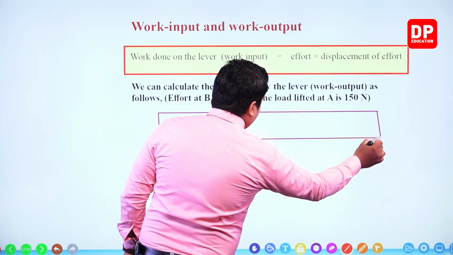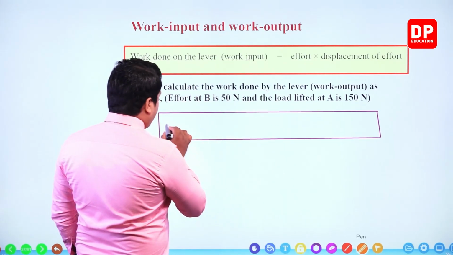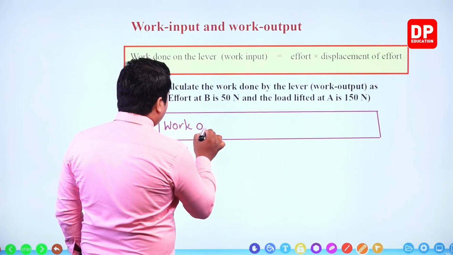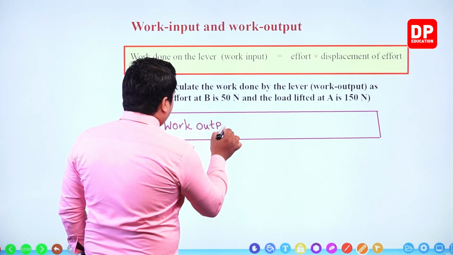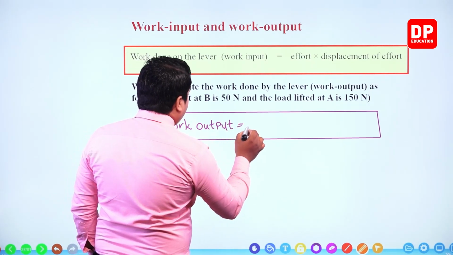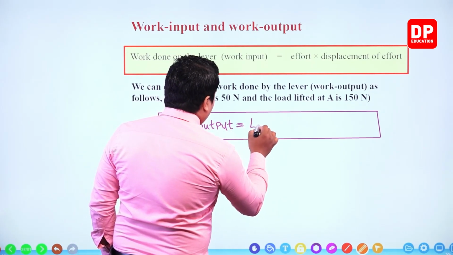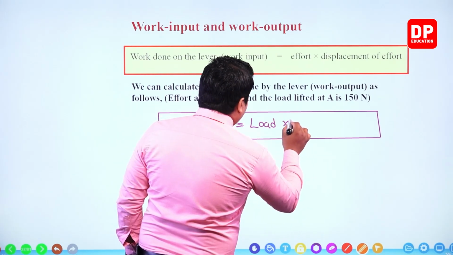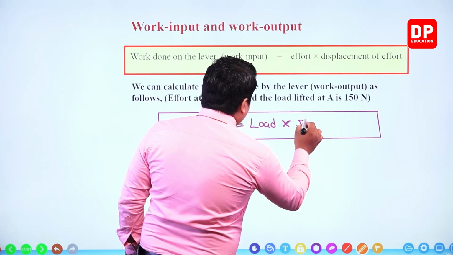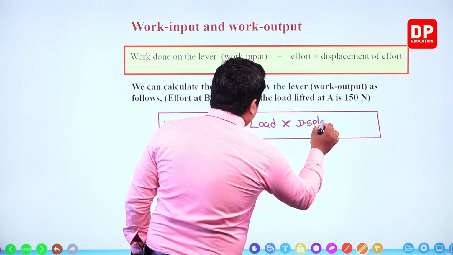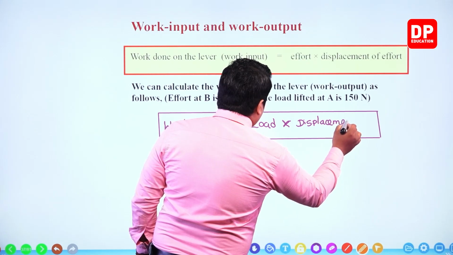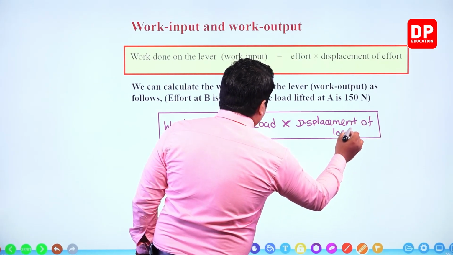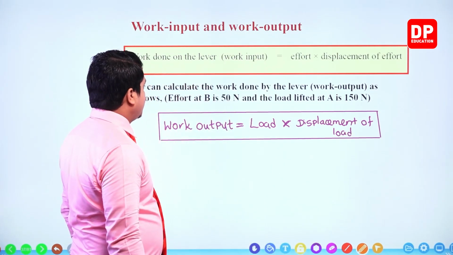In simple terms, my dear children, the work output is equal to load multiplied by displacement of load, right?